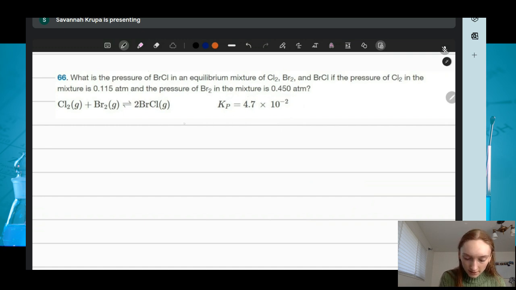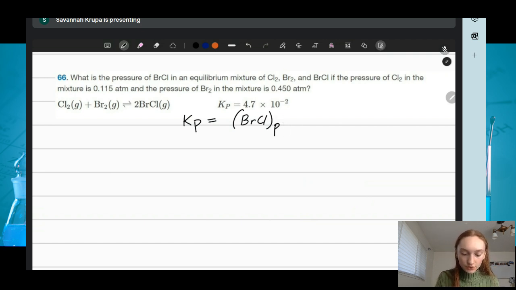So what that looks like is Kp, the same setup as we did with the previous questions. And so that's going to be equal to the products on the top, so that's going to be the BrCl. And this is partial pressure instead of concentration, so it's partial pressure with a subscript P here.